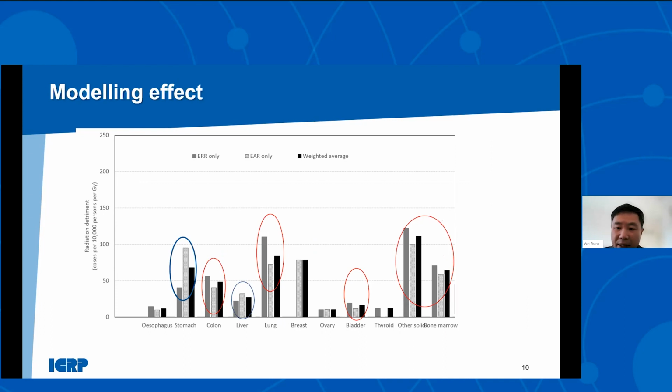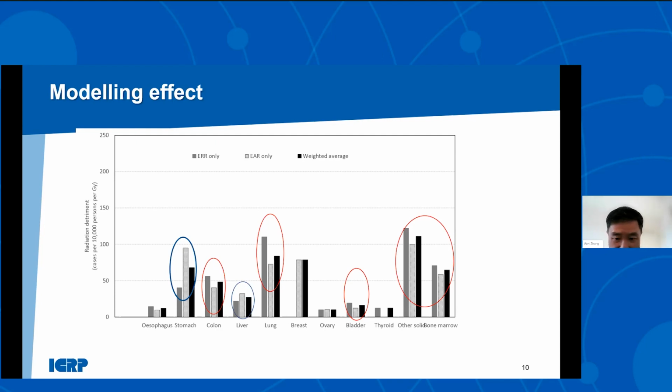In ICRP publication 103, the standard detriment was derived from a combination of ERR and EAR models. This graph shows the detriment calculated with the 100% ERR-based model and the 100% EAR-based model separately for each cancer type, in comparison with the standard detriment. The contribution from an ERR-based model is relatively small.